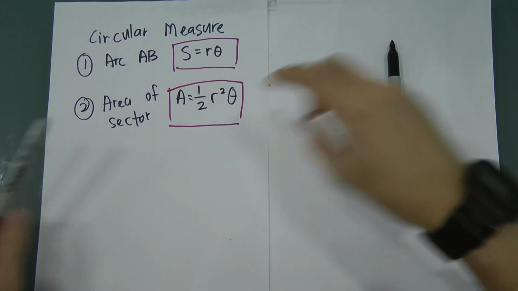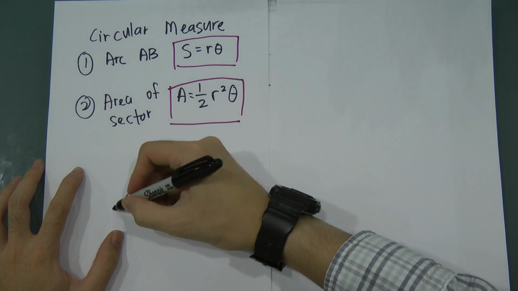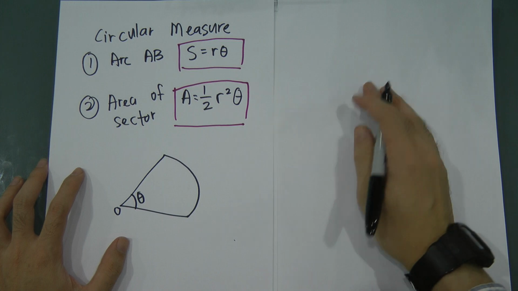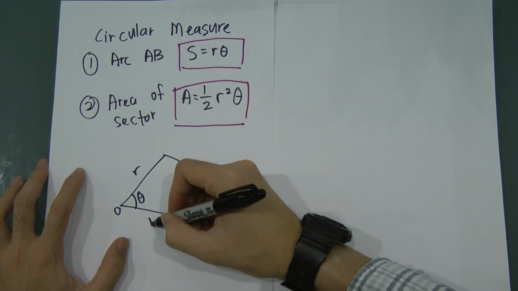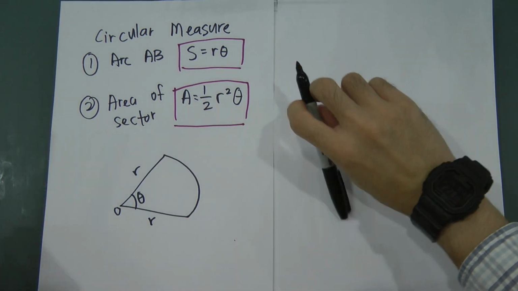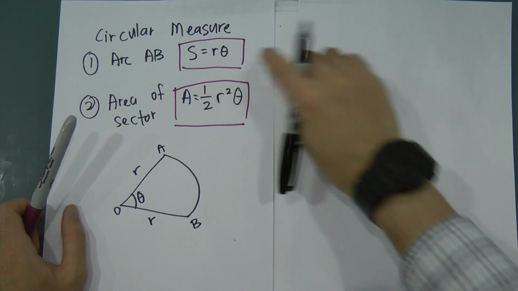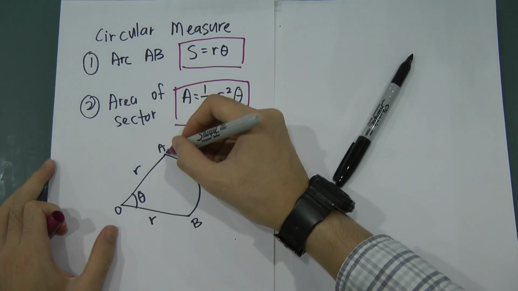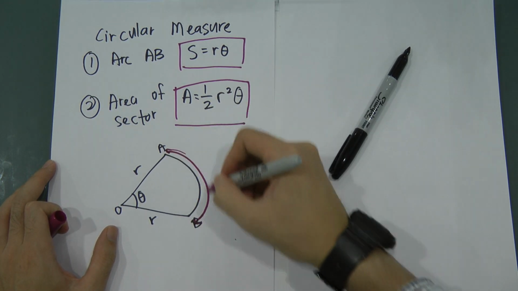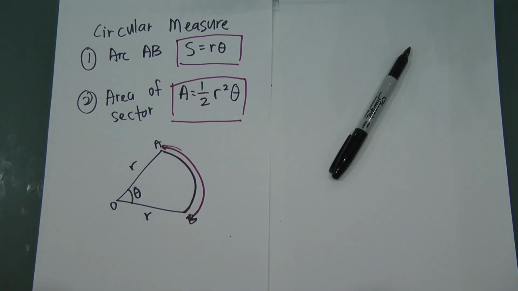So let's say I draw a sector. This is center O, this is the angle. This one will be the radius r, and this one will be r also, because it is a sector. Here are A and B. S equals R theta is to find the length from here to here, the arc.